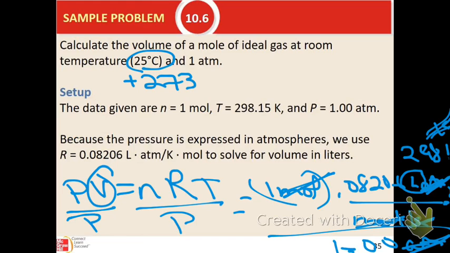So I'm going to take my trusty calculator. I'm going to say 1 times 0.08206 times 298.15, and I'm going to divide it by 1.00, and I'm going to get 24.5.